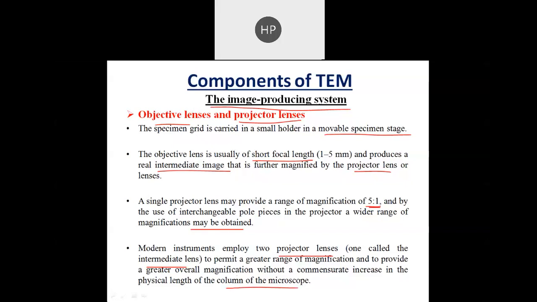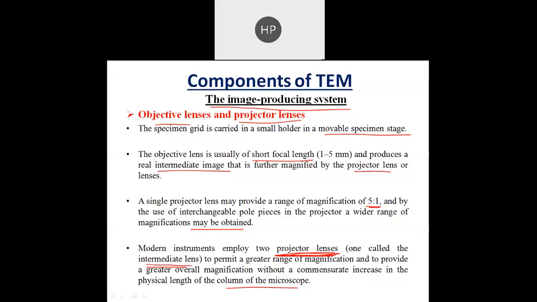So in this case we use two projector lenses nowadays, one that will produce an intermediate image, and it will permit a greater range of magnification.